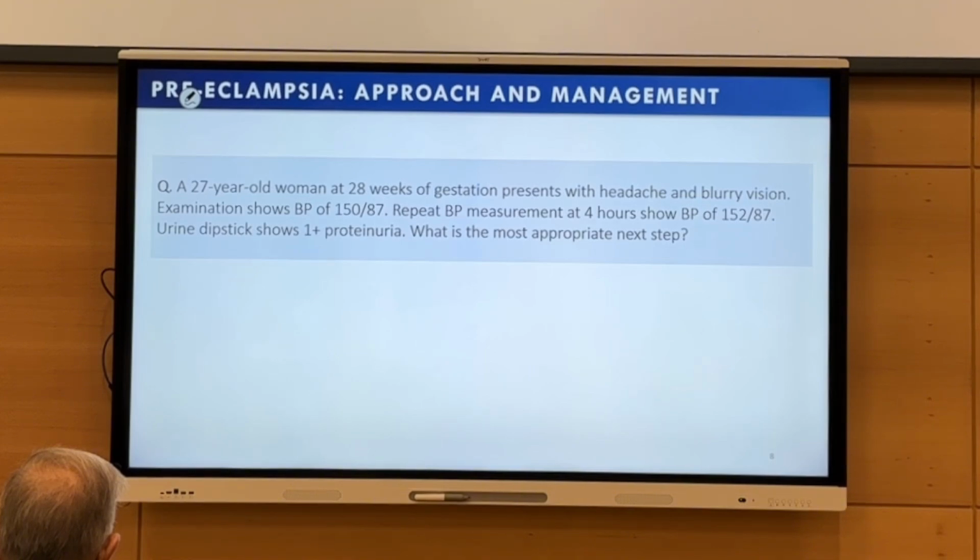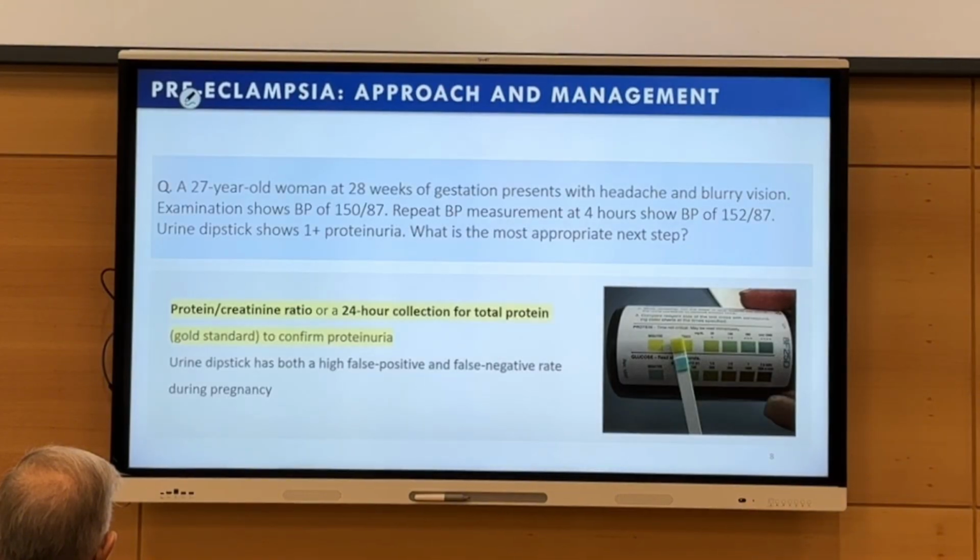It's a diagnosis of preeclampsia, but maybe we can give them magnesium. Urine analysis. Because it's 1+ protein. Yes? Repeat urine analysis. So 1+ proteinuria on urine dipstick by itself does not confirm the diagnosis of proteinuria.